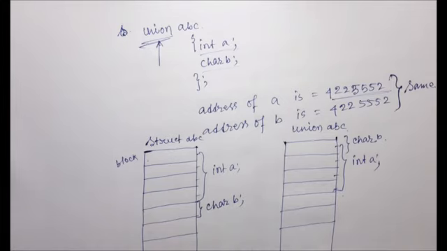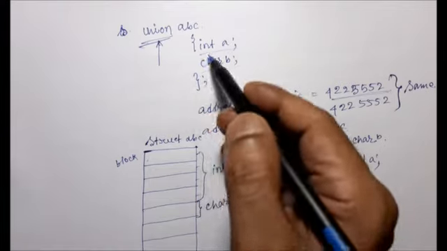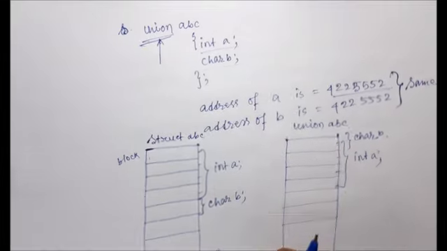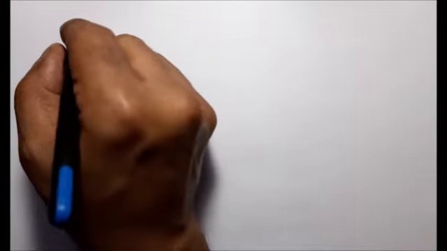But in case of structure it is not possible, because individual structure members get different memory locations, whereas in union individual members get the same memory location. So if I modify one member, that will be reflected in the other member also. Let me take a simple example so that you can get a clear idea.